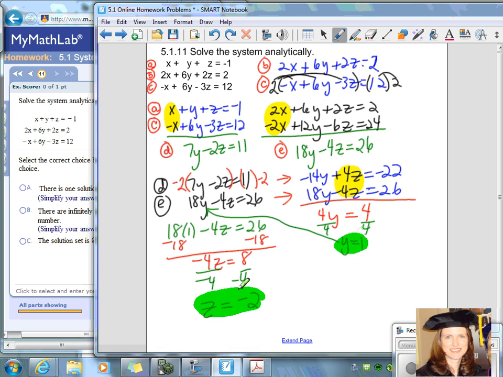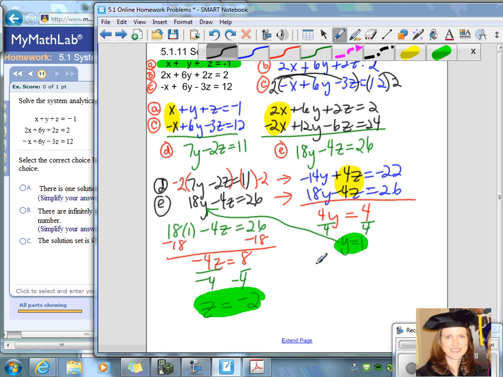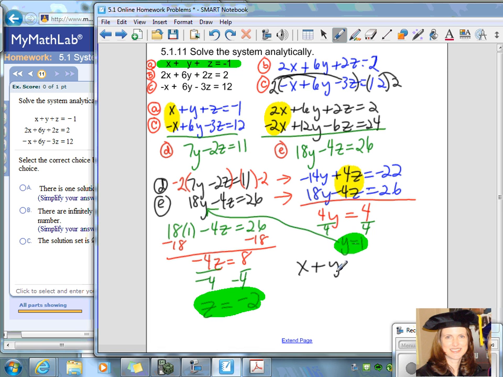I want to use both of those to find x. I'm going to plug it back into the original first equation. The first equation was x plus y plus z equals negative 1. I don't know what x is, but I know that y is equal to 1 and z is equal to negative 2. So if I combine like terms here, x minus 1 equals 1.